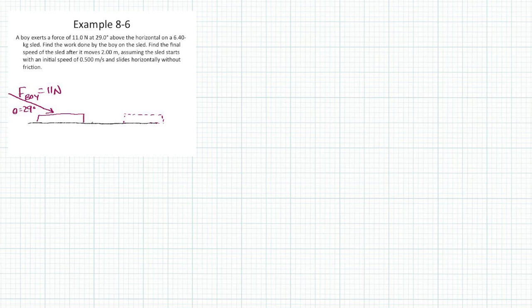Okay, what's the mass of our sled? M sled equals 6.40 kilograms. In fact, I'll write that in black so it stands out. Man, that's really squeezed in there, but you get the main idea.